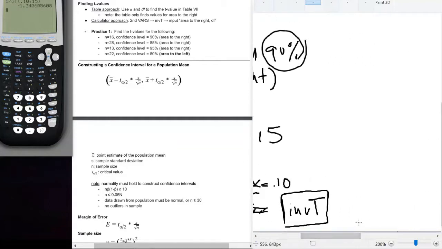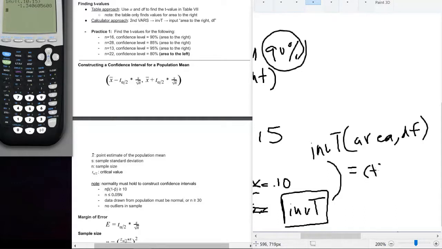Okay, so by using the inverse t function, this requires two things. We need area with degrees of freedom. So once we plugged in 10% in decimal form, 15 degrees of freedom, we got positive 1.34.